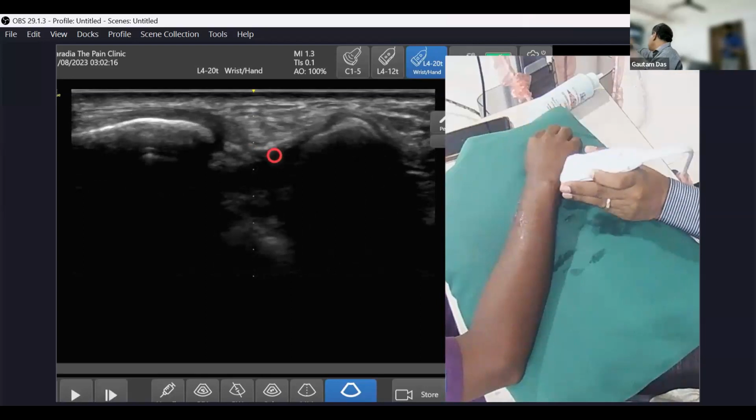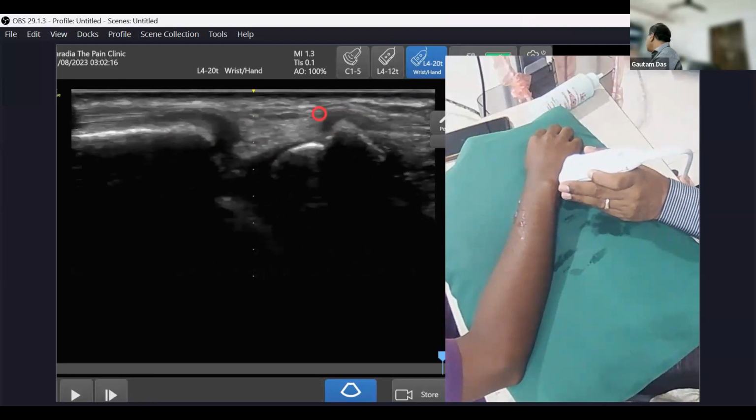Then this sagged part is your ulnar collateral ligament of the wrist, and then this is your meniscus homolog. This is your lunate bone, ulnar styloid process.